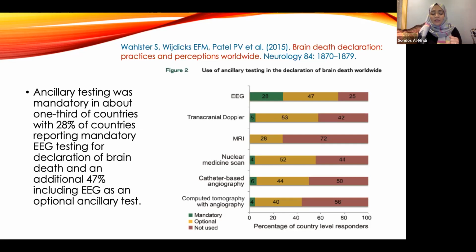An additional 47% included EEG as an optional test. So again, EEG got quite a high percentage, or was one of the top ancillary tests, you could say, that people have used worldwide to support or confirm brain death.